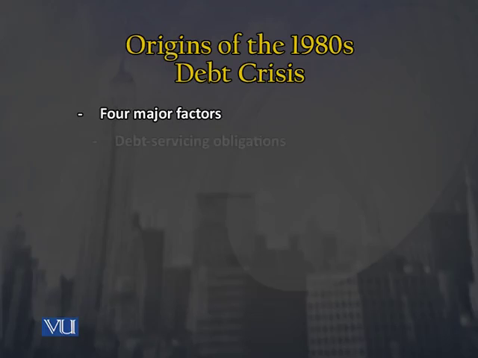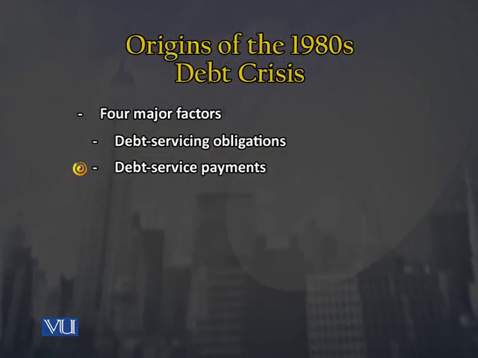And these four factors include the debt servicing obligations that were there for the developing countries, and since they were unable to enhance their production capacity to such a large level where they could nicely repay the amount of loans which they borrowed for this enhancement of the process of industrialization, and in order to fulfill the gap in the balance of payments. So they failed to properly follow or satisfy the debt servicing obligations.